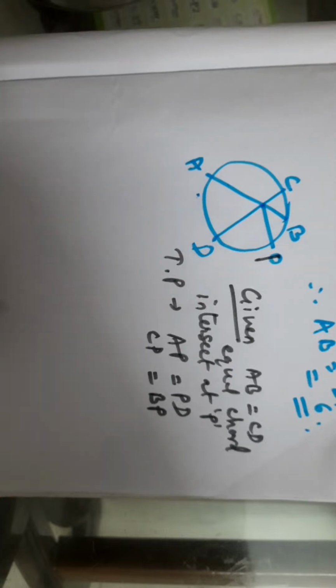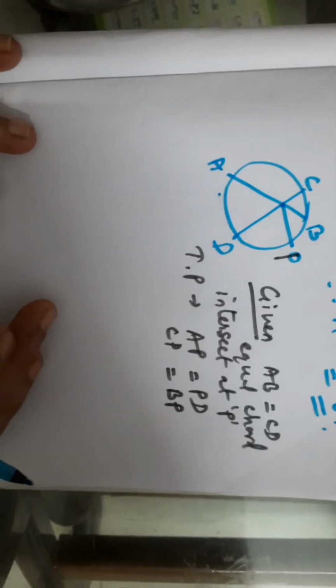Now, how can we start out with the solution? Already in chapter number 7, you completed the similarity of triangles, so that same part we are going to use here.